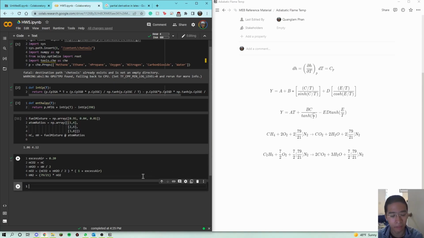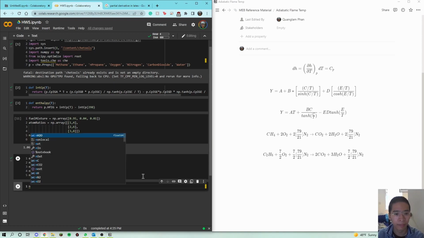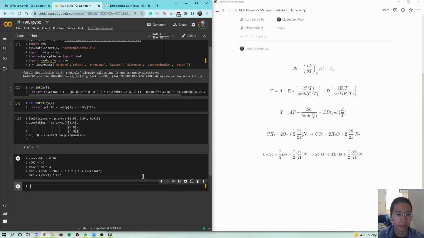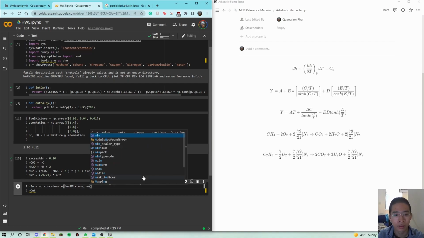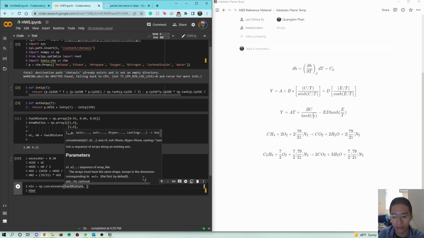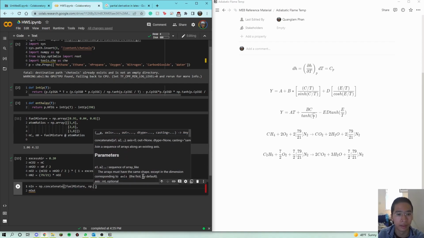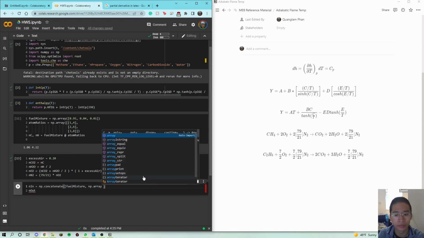Next, we want to make an array of our components going in and our components going out. We're going to want to concatenate two arrays, starting with our fuel mixture. I believe this wants it in an array, so np.array.